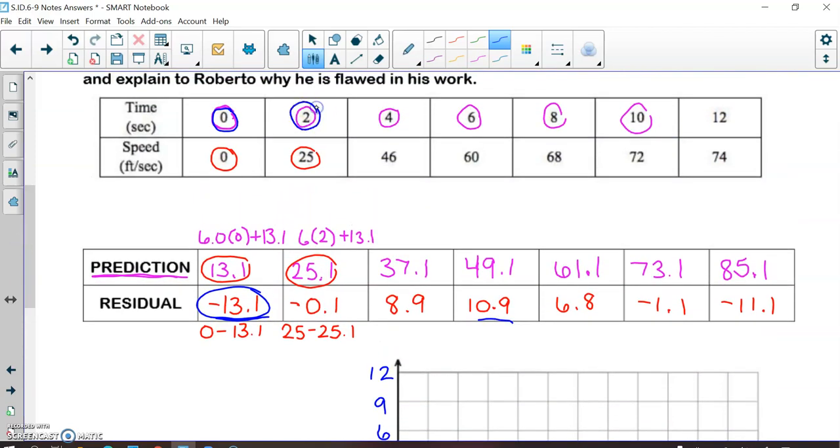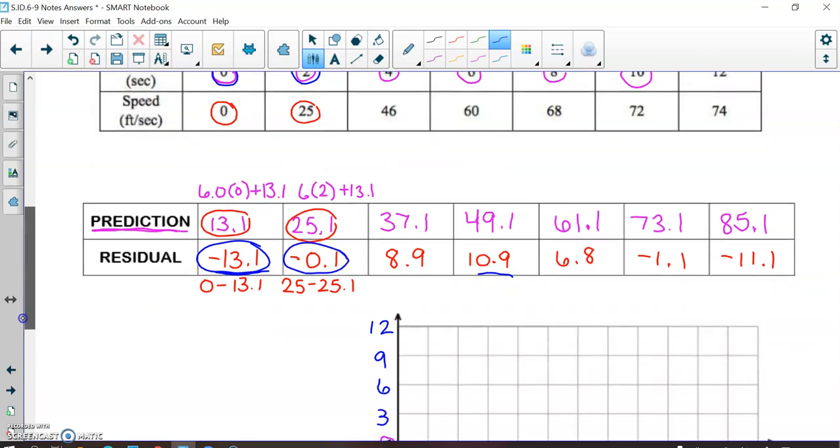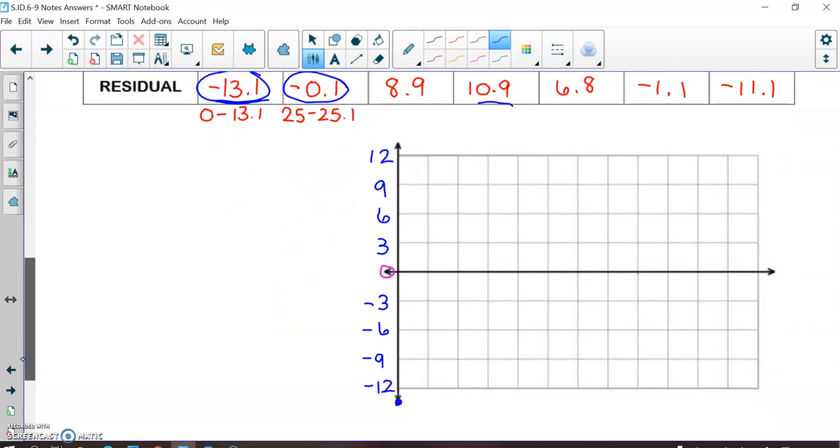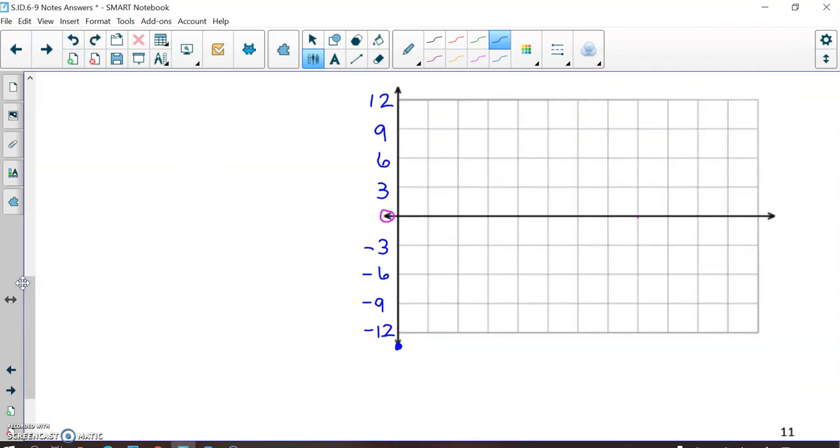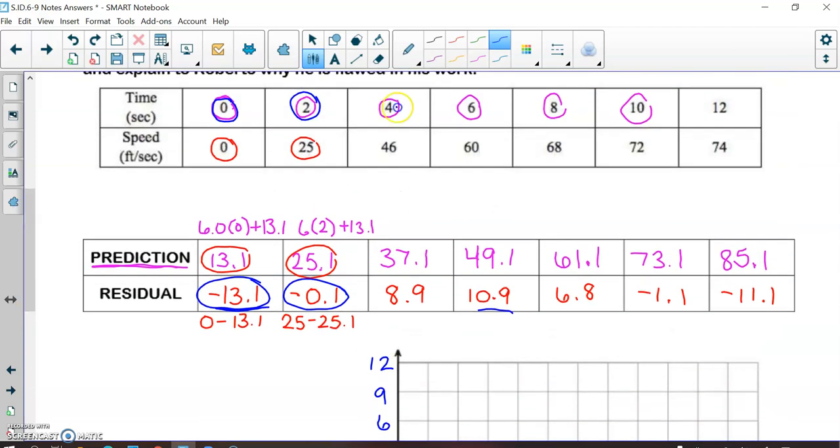When my x value is 2, my residual is negative 0.1. Remember, we went up by 1's on the x axis, and negative 0.1 is going to be very close to the axis. Oh, I'm sorry, I put that on 3. Okay, when my x value is 4, my residual is 8.9.